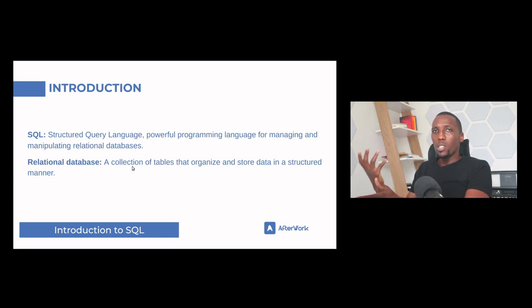For example, if you wanted to work with a graph database where you store data in the form of, let's say, nodes and relationships, then in such a situation, you would work with a querying language for those databases, which is called Cypher, which is another language by itself.